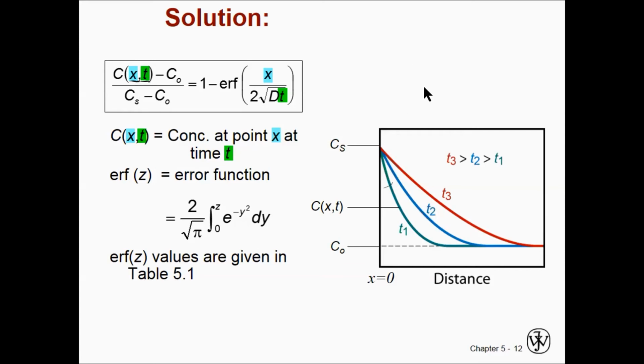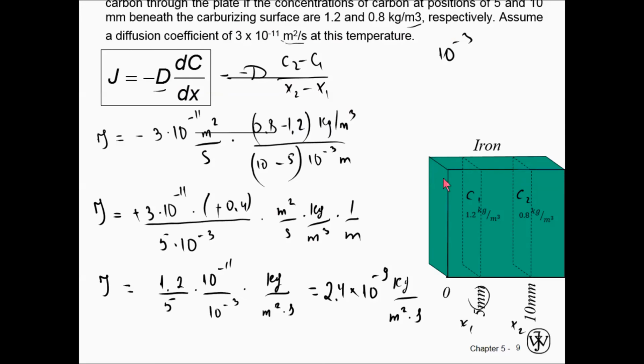Let's return to the previous picture over here. So here I had CS. If you see these values, 1.2 and 0.8, this 1.2 is the carbon concentration at 5 millimeter distance. That's instead of x, I add 5.